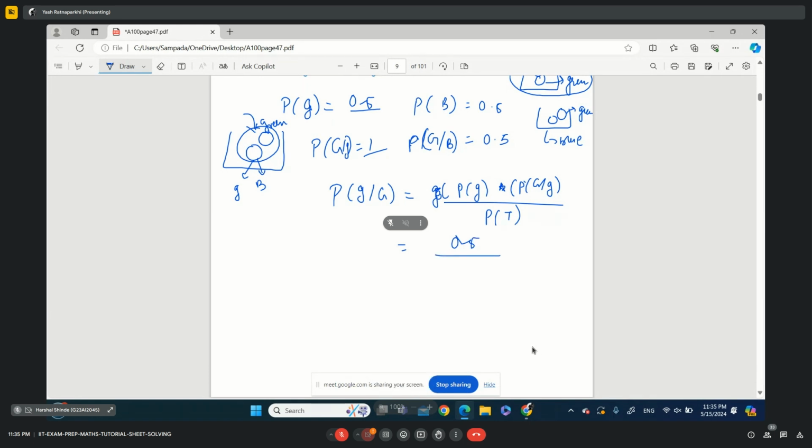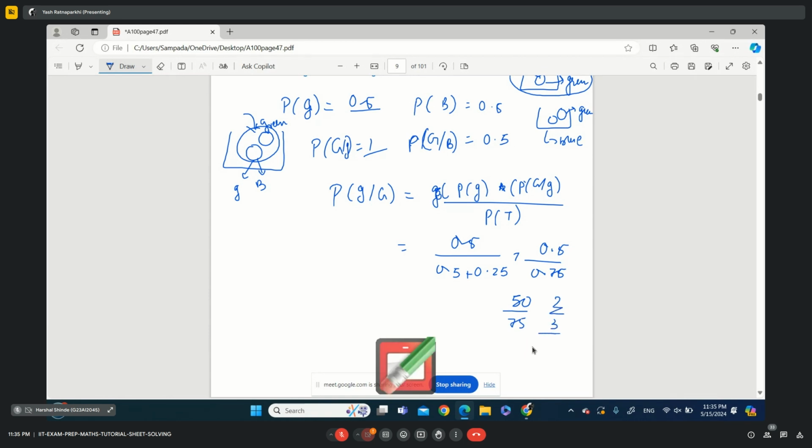It will be 0.5 into 1 is 0.5 plus 0.5 into 0.5 is 0.25. So what will be the final answer? It will be 0.5 upon 0.75, so it will be 50 by 75. 25 twos are 50, 25 threes are 75. So it will be 2 by 3. Is it clear?